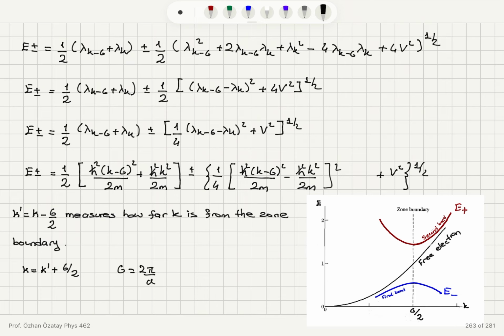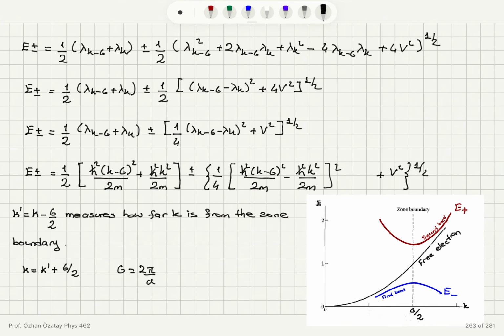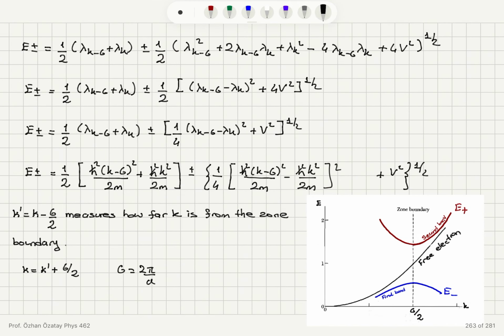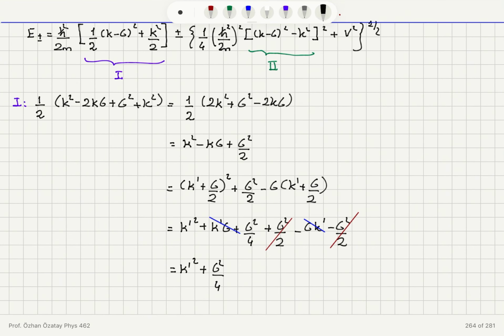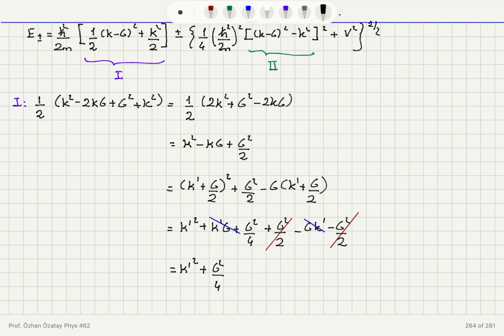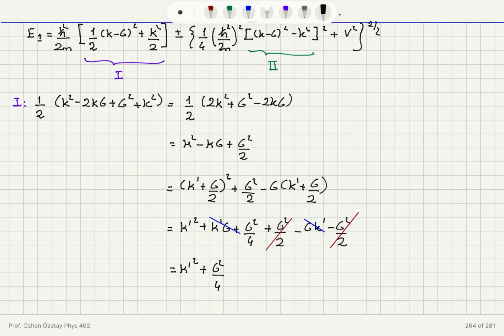We're going to have this substitution, and this will give us for the energy E, plus or minus, ħ²/2m times parentheses, we can have 1 over 2 (k−G)² plus k² over 2.